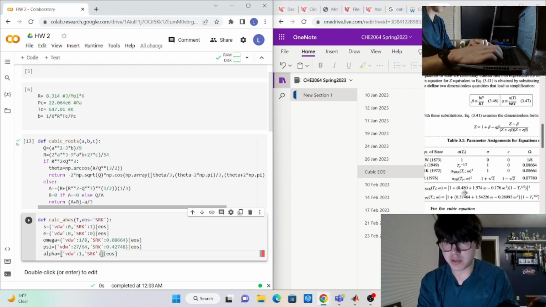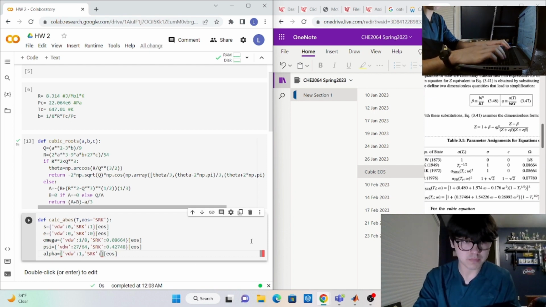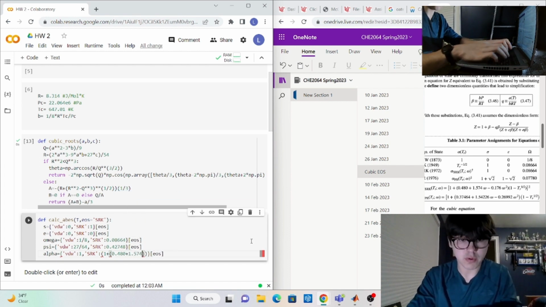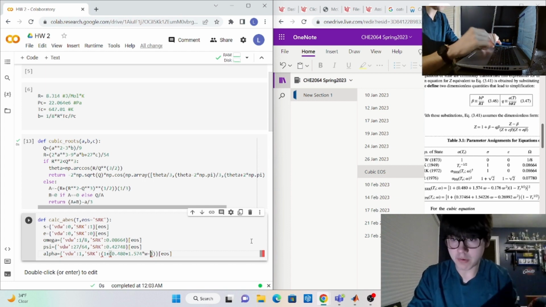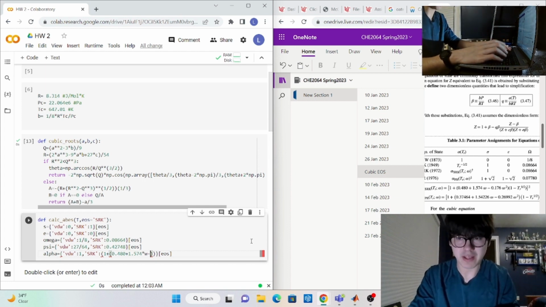So it's going to be 1 plus, parentheses, 1 plus 0.480 plus 1.574 times w minus 0.176 times w squared, where w is the acentric factor of water, which can be derived, I believe, but I don't remember exactly how, so I'm not going to speak on it.